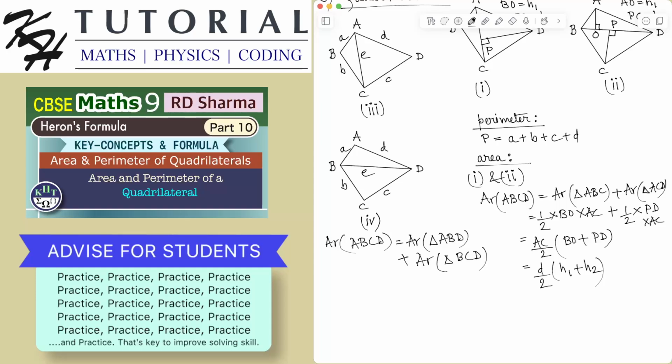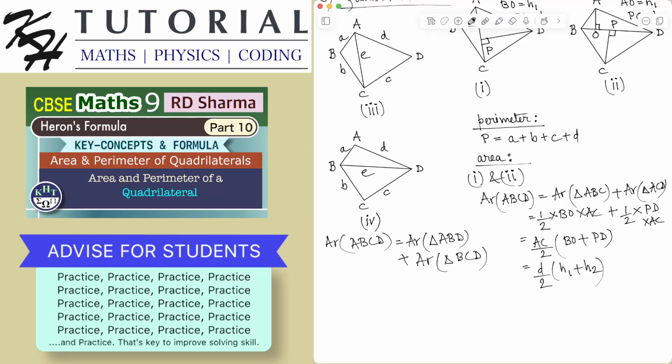Now, we know the length of all the sides of the triangle ABD, which are A, D and E, and we also know the length of all the sides of the triangle BCD, which are B, C and E. So, clearly, using Heron's formula, we can find the area of these two triangles, and then we sum the two areas, which will be the area of the quadrilateral. So, this is the basic concept.